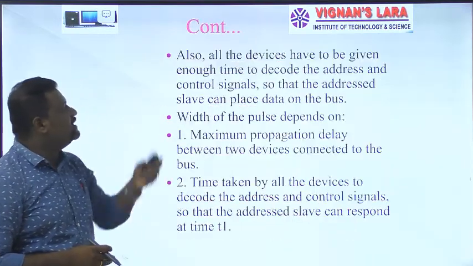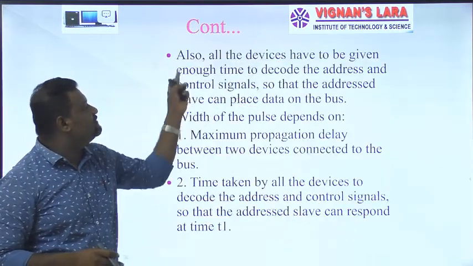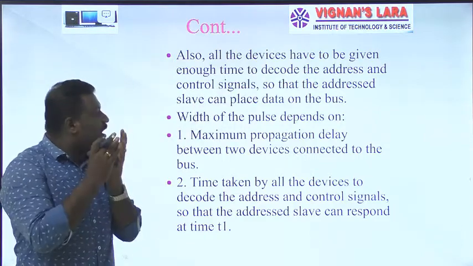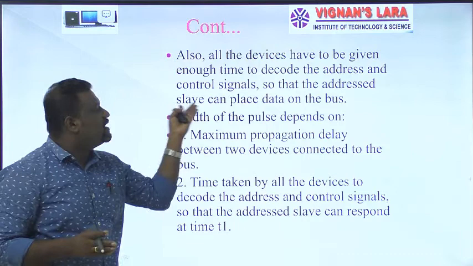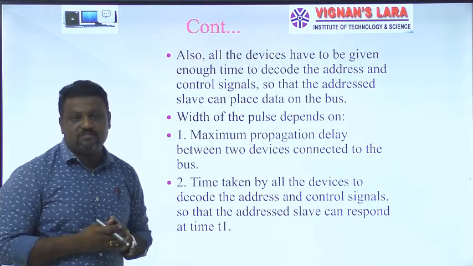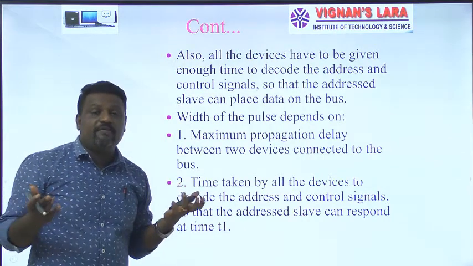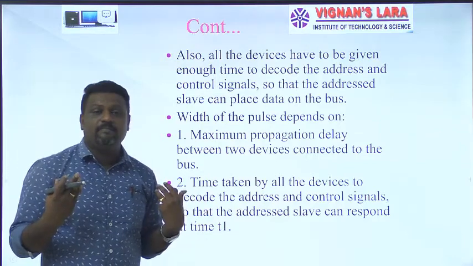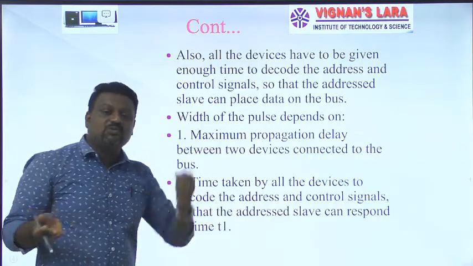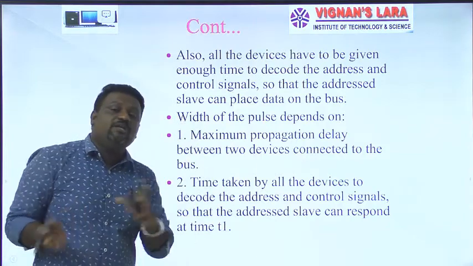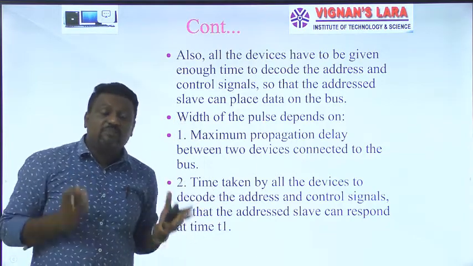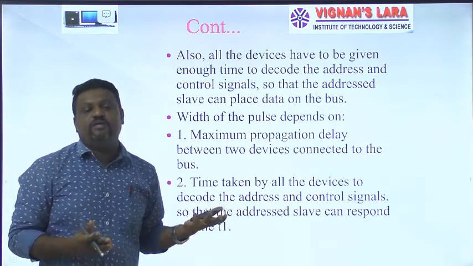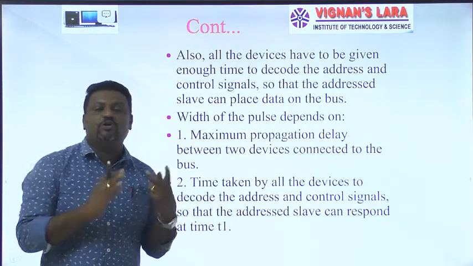All devices have to be given enough time to decode the address and control signals so that the addressed slave can place data on the bus. Once the corresponding slave identifies that the master-generated address belongs to it, and understands the command or control signal already issued by the master, it will place its data on the data bus itself.